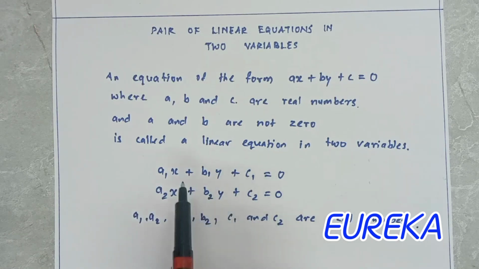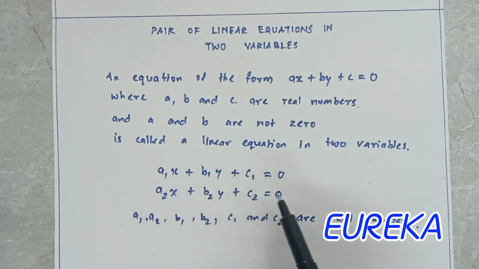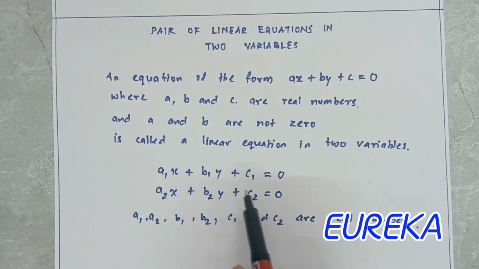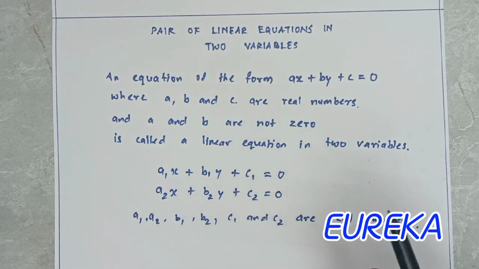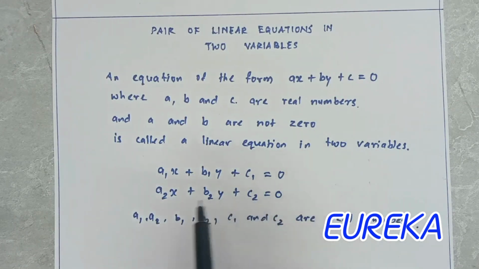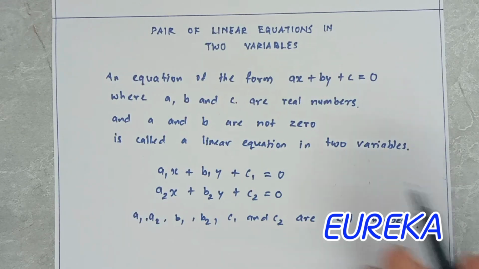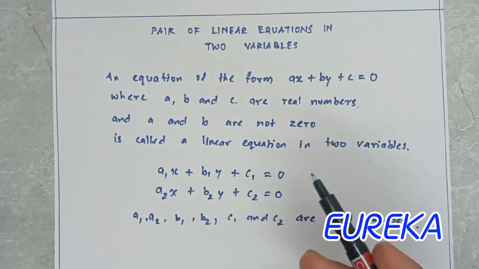X is a variable which is the bowlers, Y is a variable which is the batsmen. How their performance is going to be checked can be done with the help of a pair of linear equations.